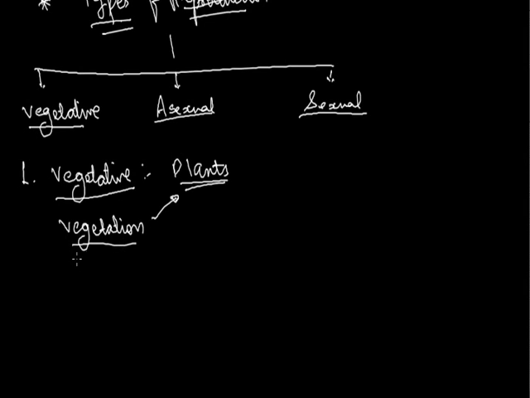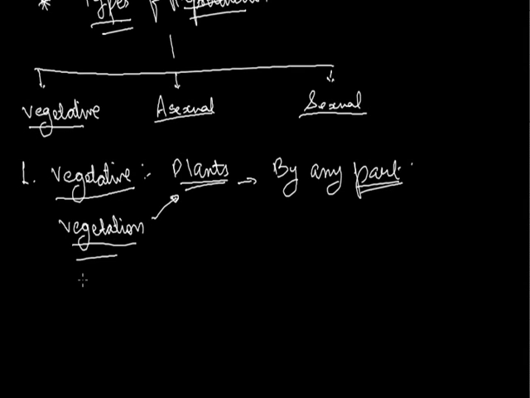Okay, now how will the plants show this vegetative reproduction? By any plant part. Means with the help of any part of the plant, whether it is the leaf, the stem, or the root, any part of the plant can produce a new plant which is of similar type, and that is known as vegetative reproduction.